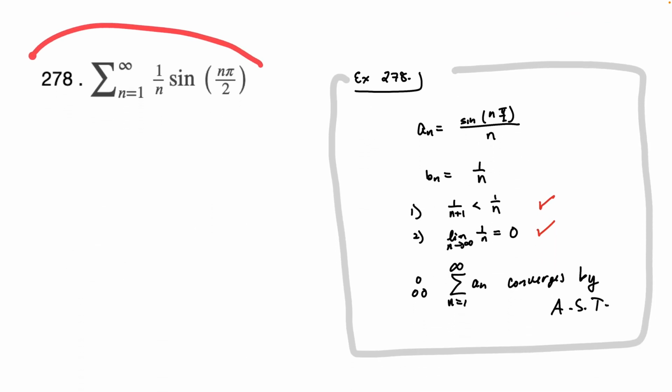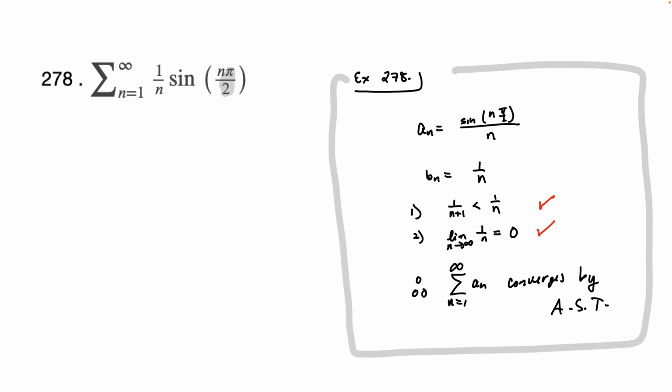Here is exercise 278. This is something that commonly happens. This guy here is a trig function sine, and we're evaluating on the inputs n copies of pi over 2.